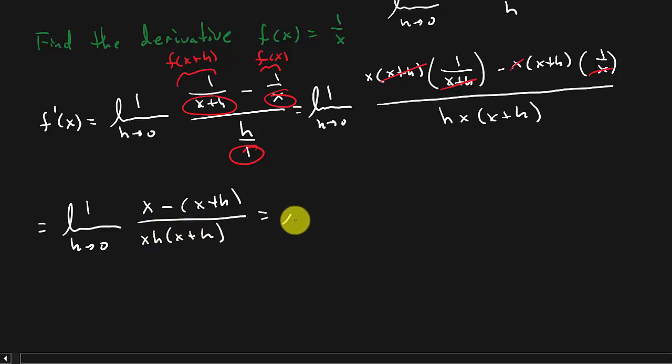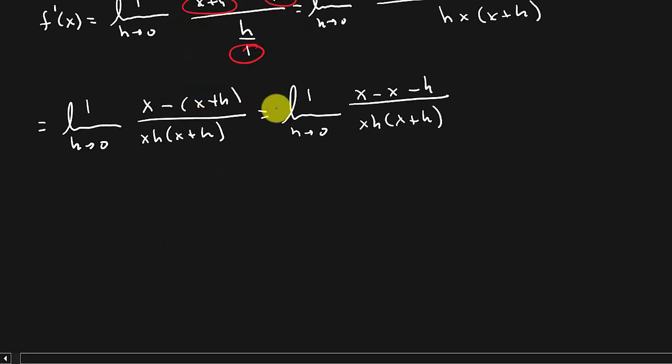So this is the limit as h goes to 0 of x minus x minus h over xh times x plus h. I just distributed the negative. And that's going to give me the limit as h goes to 0 of negative h over xh times x plus h. And you can see here the h's cancel.